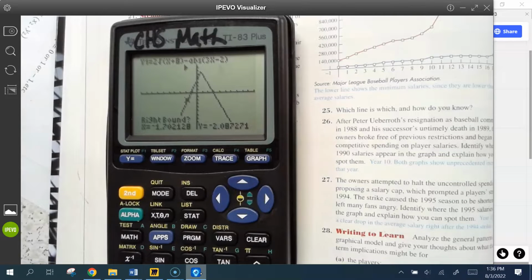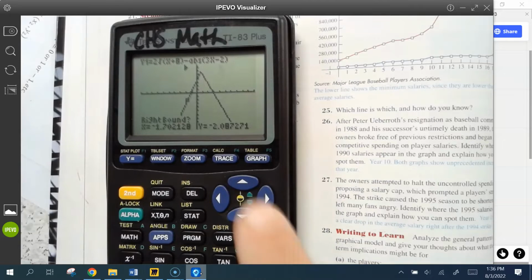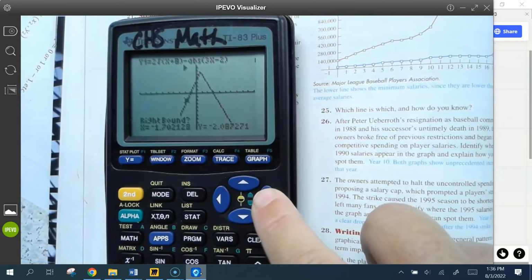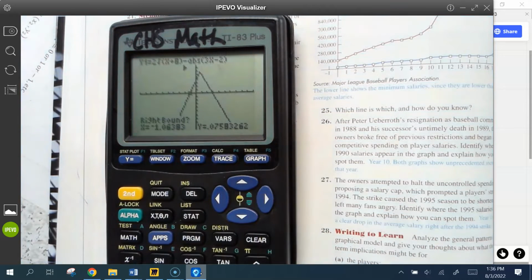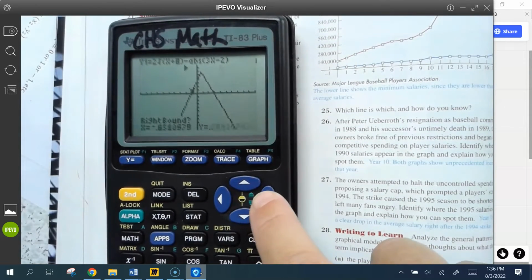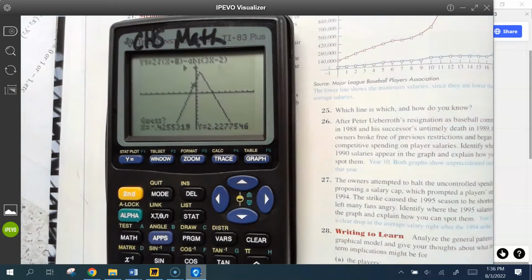Second trace, 0. Zoom 6. All right, now it says right bound. Take your spider back close. It doesn't have to be exact, close to the place you're trying to find, and go right. 1, 2, 3, enter. Do you want me to guess? Well, that's the whole reason I did this, so hit enter one more time.